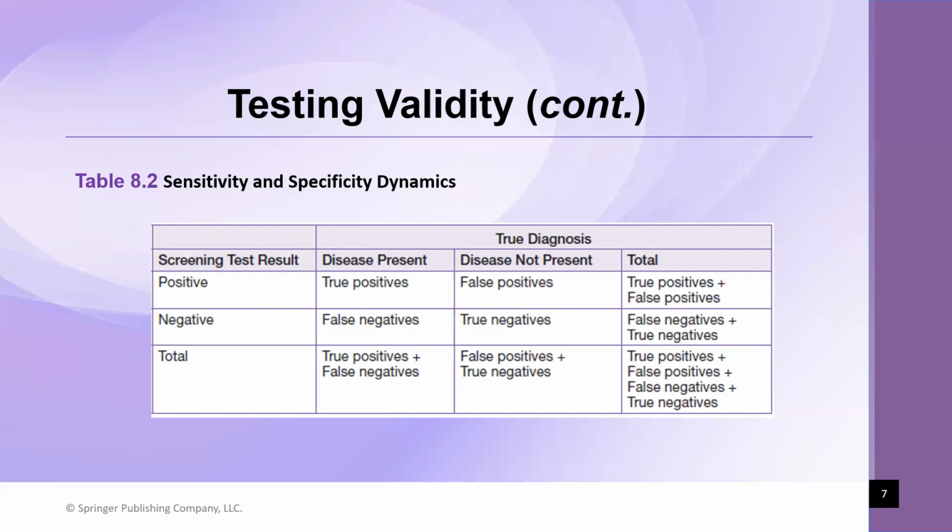Likewise, 90% specificity means that 90% of the people without the disease will have a true negative, and the result will be that 10% will have a false positive and be wrongly diagnosed with the disease.